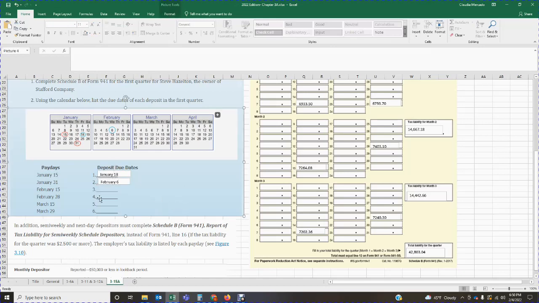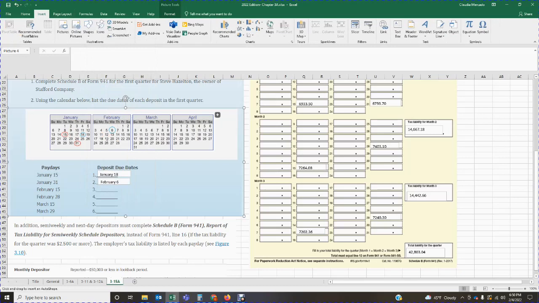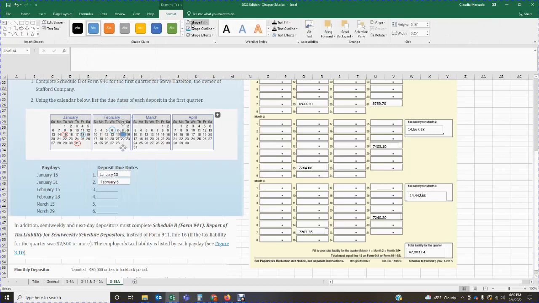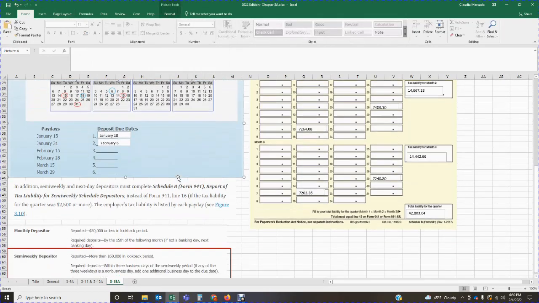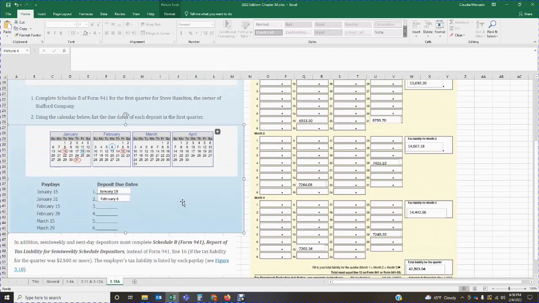Okay. February the 15th falls on a Friday. So if the payday falls on a Friday, which is right here, then the payment is due the following Wednesday.